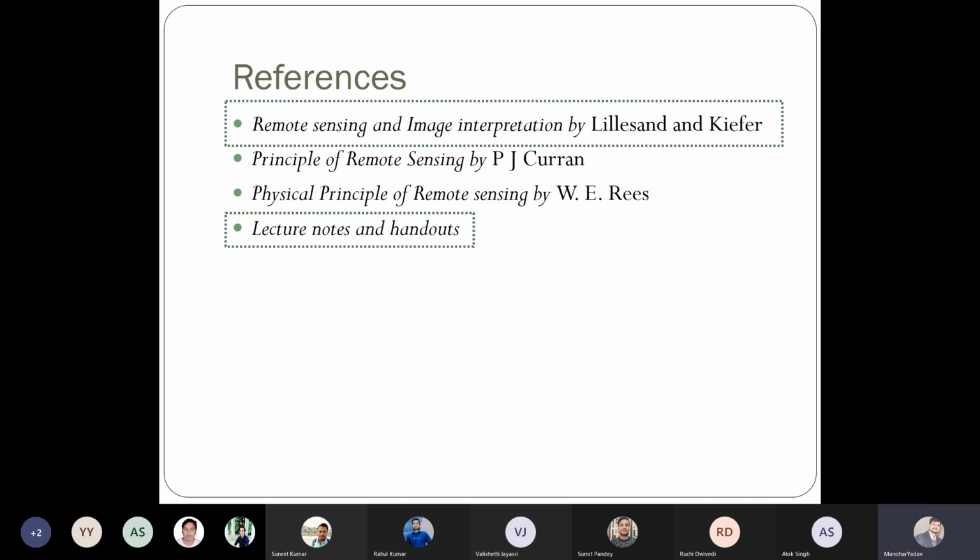The first book which we are going to refer to is Remote Sensing and Image Interpretation by Lillesand and Kiefer. In addition to this, two additional books I have already uploaded in this Teams, so you can have access to those books, and you can refer to these two books also.